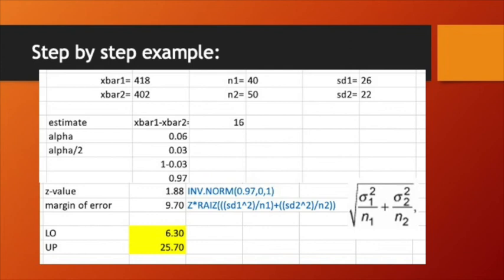That gives us a margin of error of 9.70, and we just add or subtract that margin of error from our estimate, which gives us a lower limit of 6.30 and an upper limit of 25.70.